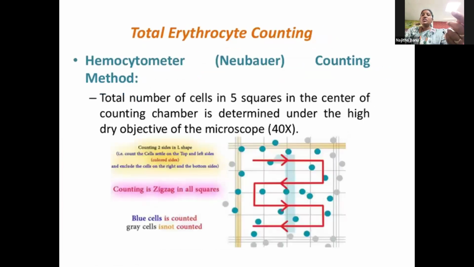So the Neubauer counting chamber procedure. Okay, now under the microscope you have placed your Neubauer counting chamber. Then we have a procedure for how to count the cells. Now look at the structure, the cells which are present on the line.